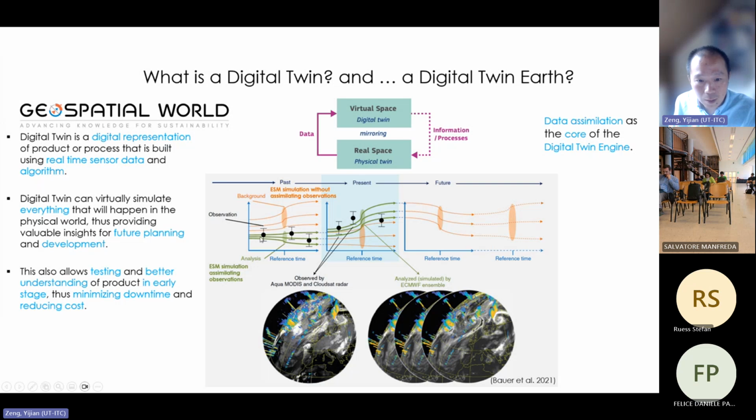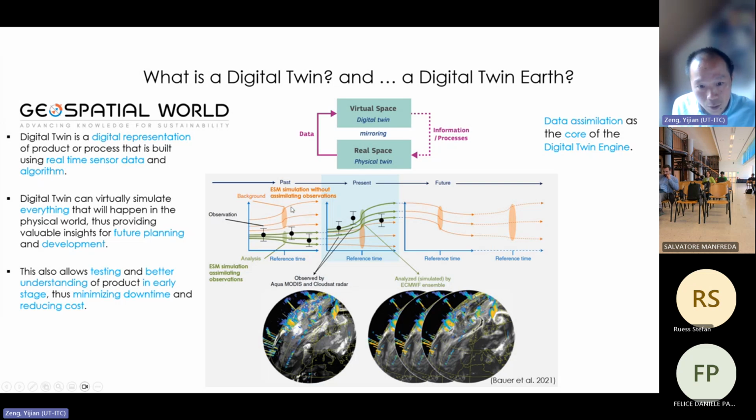As you can see, those black dots are kind of satellite observations, and we can see the original model is not capturing these three black dots in a nice way. But after the data assimilation, this green curve means the refined model simulation, which is also called analysis. And this model simulation line is now much closer to the three observation points.